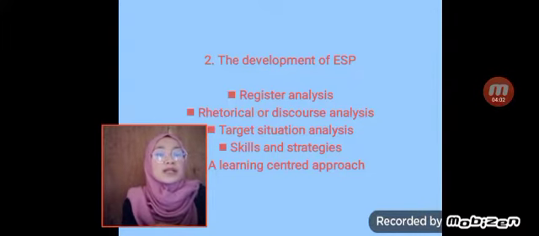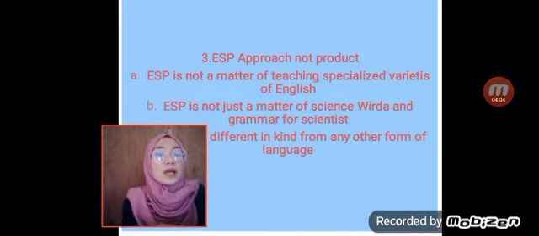And the third material is ESP: approach, not product. The roots which nourish the tree of ELT are communication and learning. ESP is not a matter of teaching specialized varieties of English.